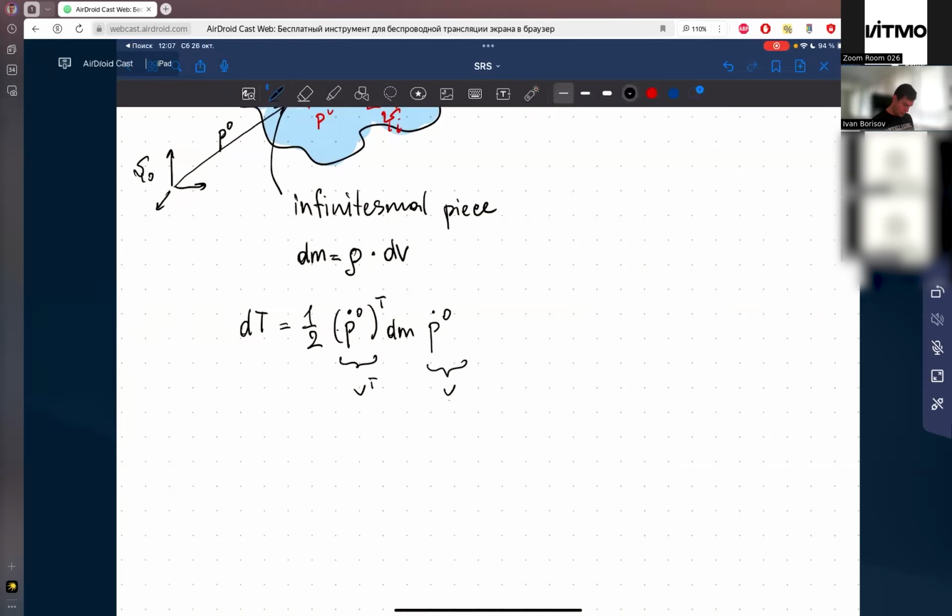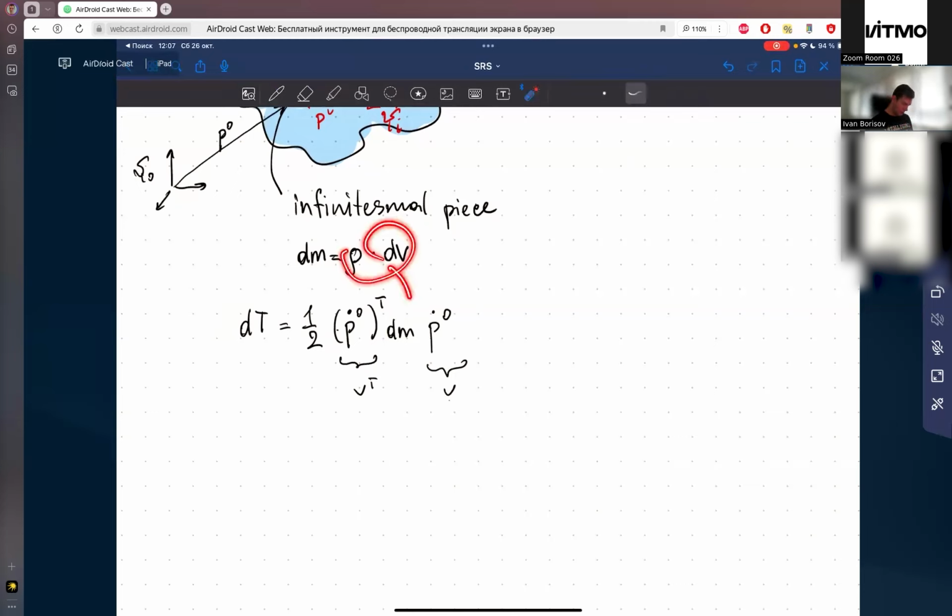All right. So what should we do here? We need to proceed from this tiny piece to the whole rigid body. And because of that, we're going to write it a little bit in a different manner, since we know that dm is rho times dv.